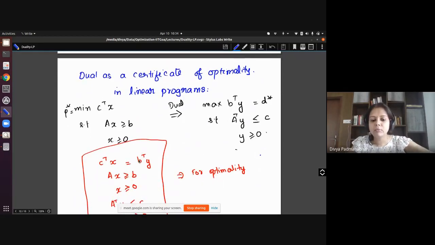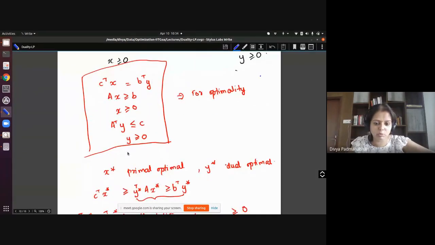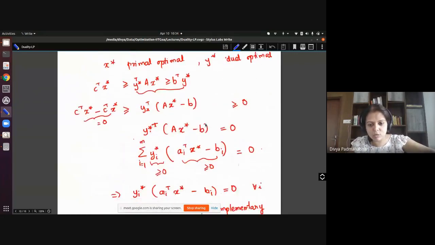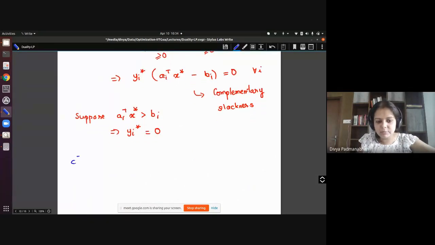Strong duality says that at optimality, C transpose X is equal to B transpose Y. So for X star, which is primal optimal, and Y star, which is dual optimal, C transpose X star is equal to B transpose Y star, right?